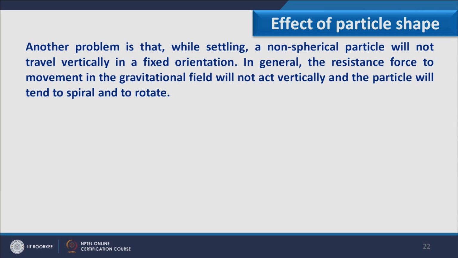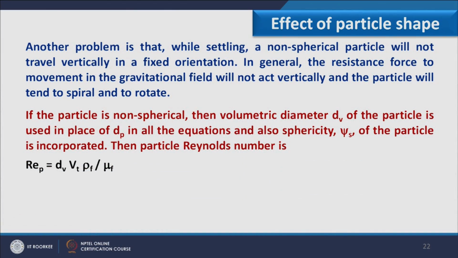In general, the resistance force to movement in gravitational field will not act vertically and particle will tend to spiral and to rotate. Therefore, if particle is non-spherical, then volumetric diameter of particle is considered in place of dp. What is volumetric diameter?